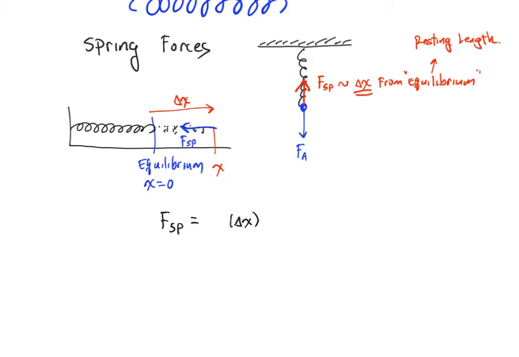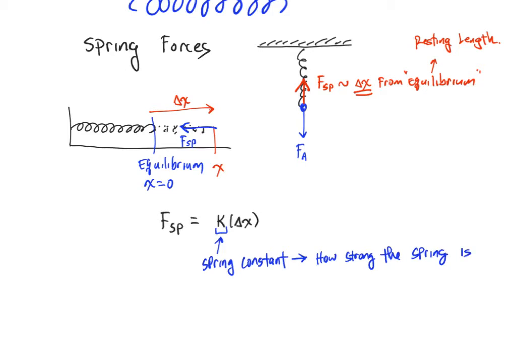They're not very stretchy. So we need a constant here, which is k. And k is known as the spring constant. And this is different for different springs. And you can think of it as a measurement of how strong the spring is.